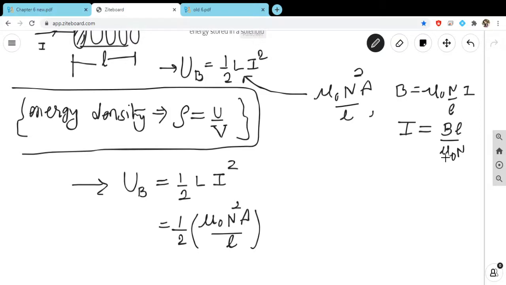I square, I can be obtained from this B, that means the magnetic field of the solenoid. So I is BL by mu naught, and here is the square, so put the value with the square, B square L square by mu naught square n square.